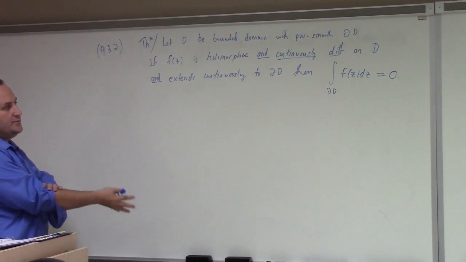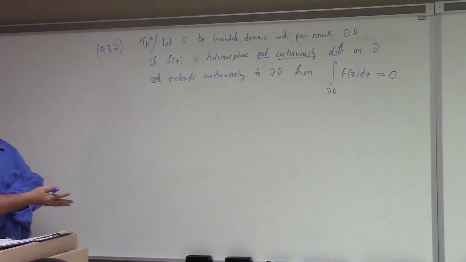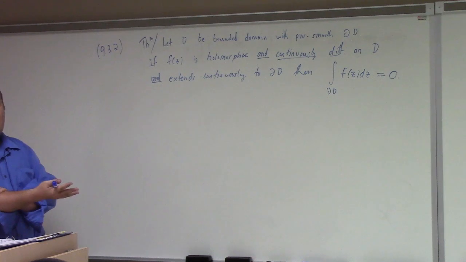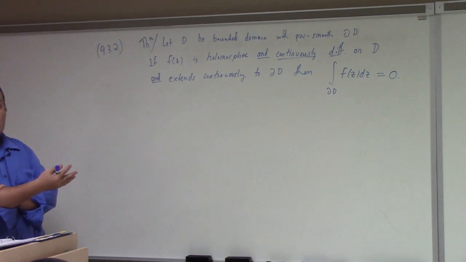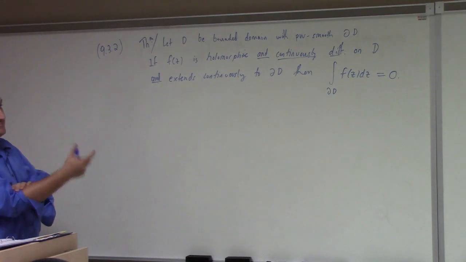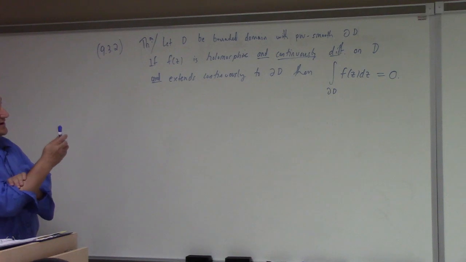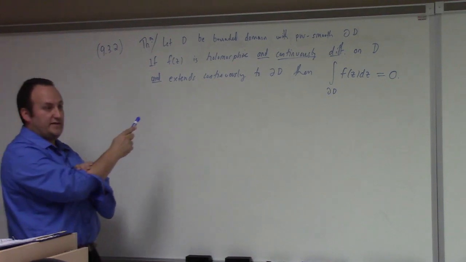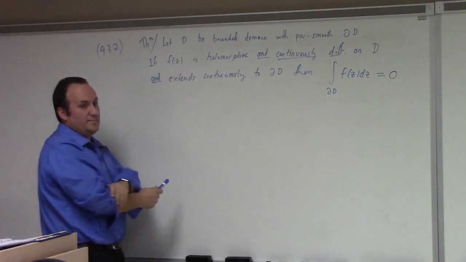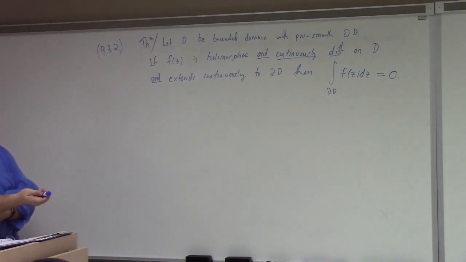So I've assumed continuously differentiable in this theorem. At the end of chapter 9, we will learn something called Gauss's theorem. And Gauss's theorem will say that doesn't need to be assumed. Gauss's theorem is going to tell us that, in fact, if f is complex differentiable on D, which is to say it's holomorphic, that implies that the derivative is continuous.